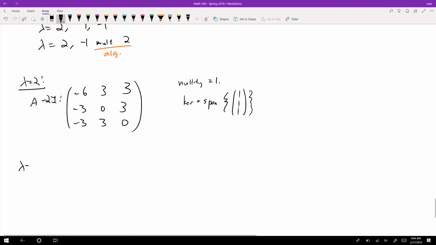All right. So now lambda equals negative 1. Keep in mind this is algebraic multiplicity. It's equal to 2. So now I got A plus I, and since the algebraic multiplicity isn't 1, I actually have to calculate the rank and the nullity of this matrix. Well, the matrix ends up just being the same thing repeated in 3 rows.